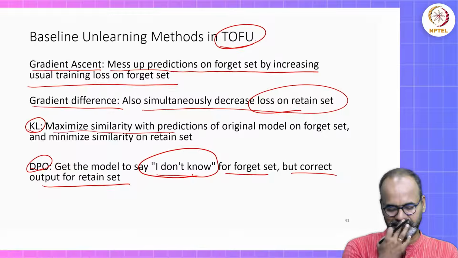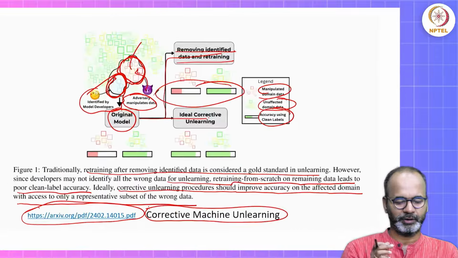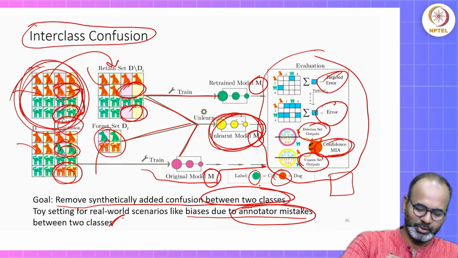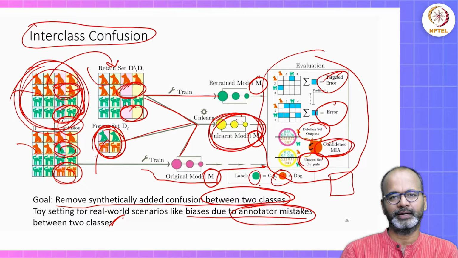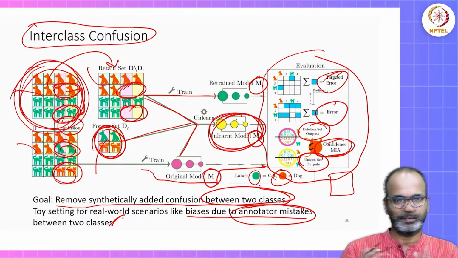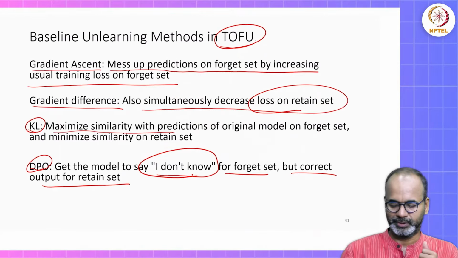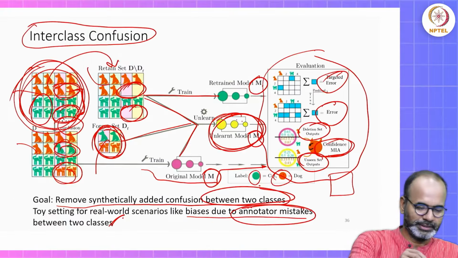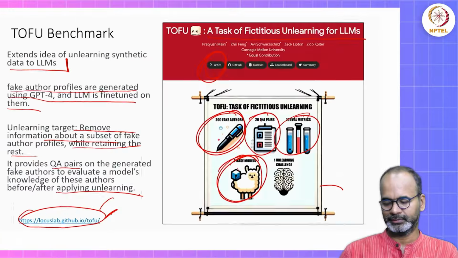For example, if a question comes about this data, about this knowledge, about this label, the model should say, look, I don't know. That's what is here. But in turn, if there is a question about something which is here, it should be able to answer correctly.